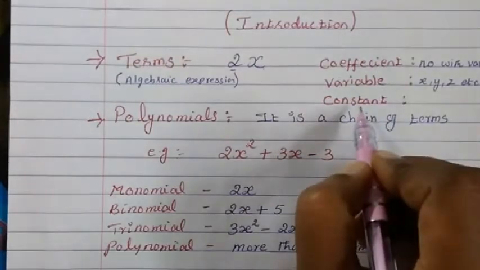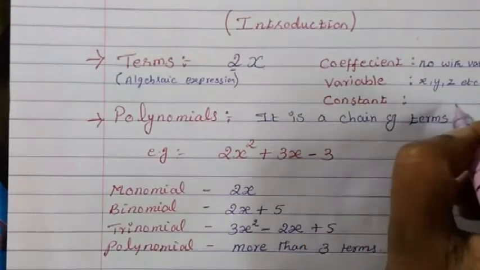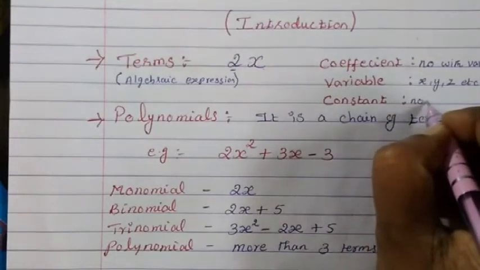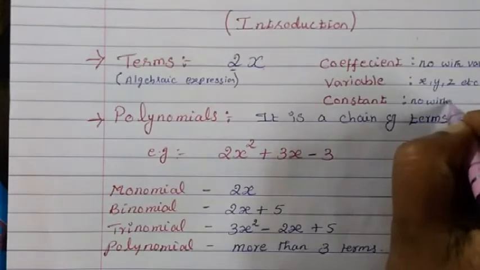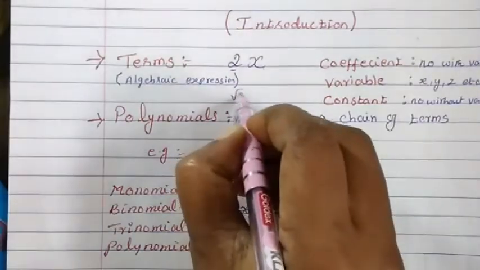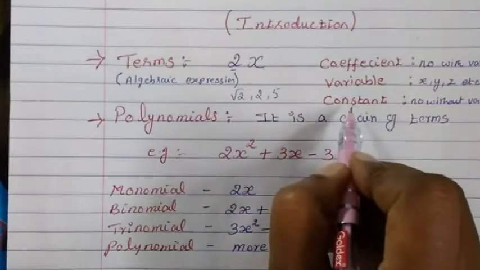Now something called a constant. Constant means a number without a variable, or only the number. Just a digit, for example, any number is known as a constant.